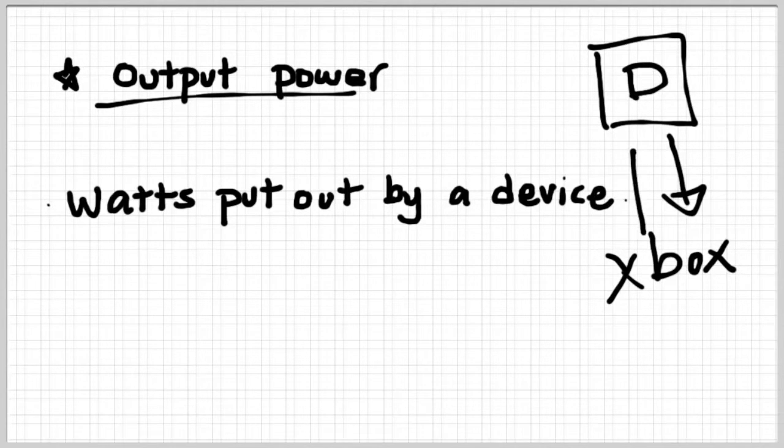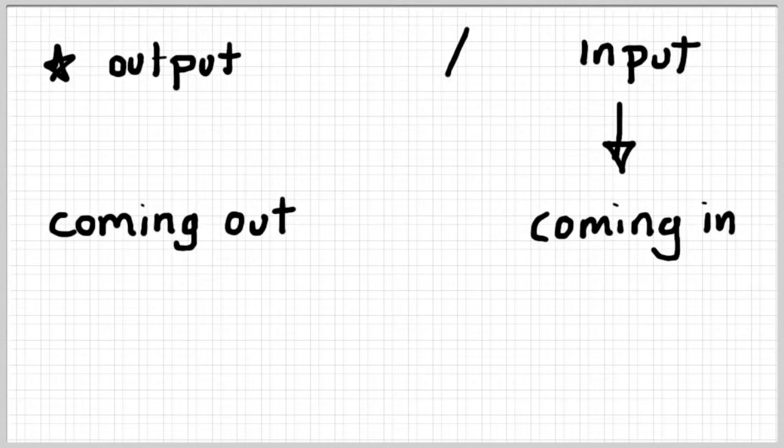This is our Xbox, and here the power it draws or puts out or displays, that would be our output power, and that's the watts put out by the device, the power it has. And well, the difference between output and input is that output is what comes out from the device, and input is what comes in to the device. So pretty simple, coming out, coming in. No need to explain too much about it.